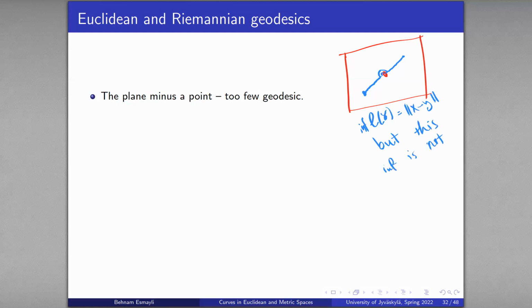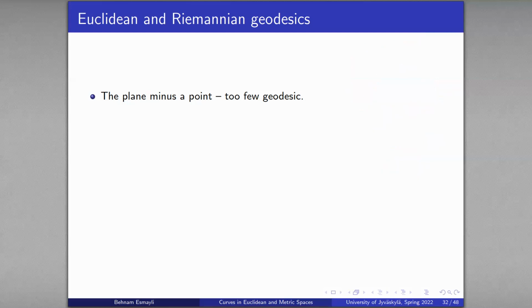It's not realized by one single curve. You can get as close as you wish to this distance, but there isn't one single curve doing that. So in this case, just missing one point ruins everything, in that there is no geodesic between the 2 points.